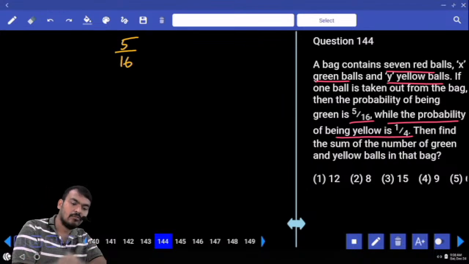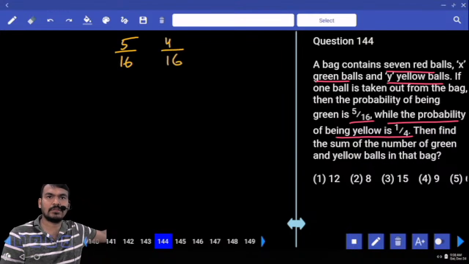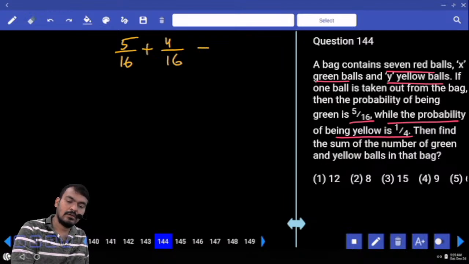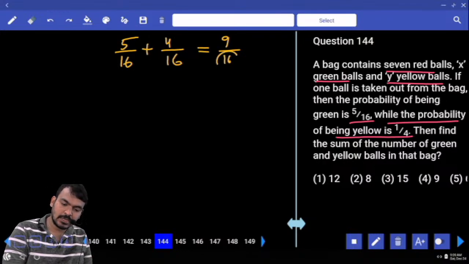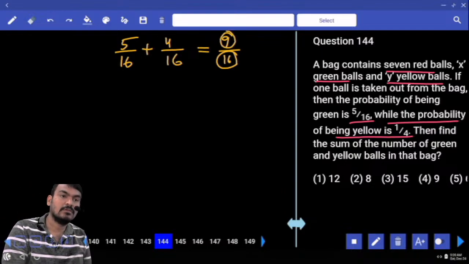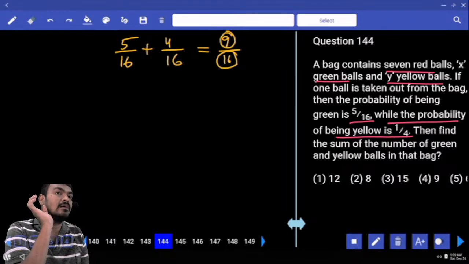Yes sir, 4 by 16. Green probability is 5 by 16. Yellow probability is 4 by 16. Adding both gives 9 by 16. What is the meaning? Out of 16, either green or yellow, how many possibilities? 9 possibilities. Means the remaining 7 are red.